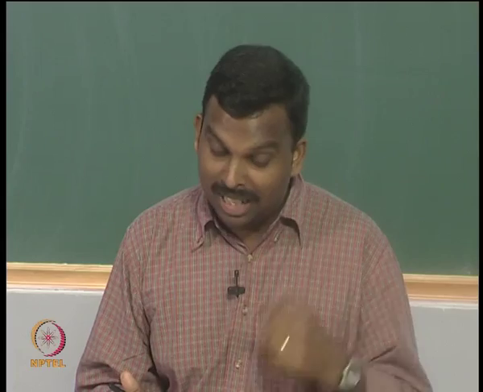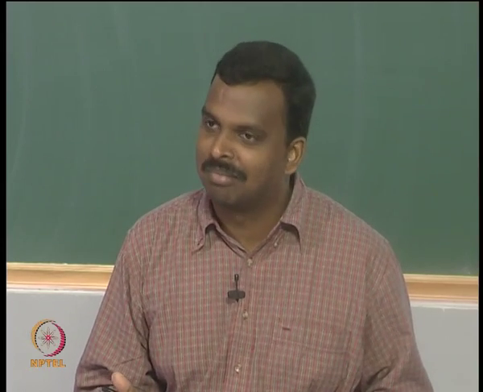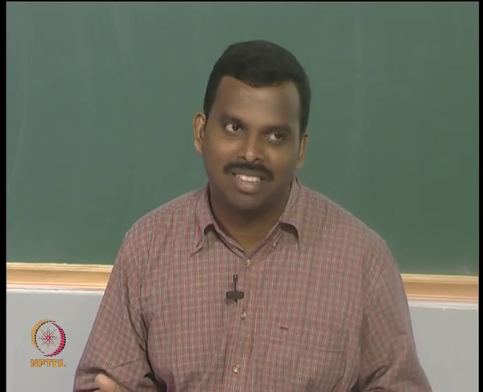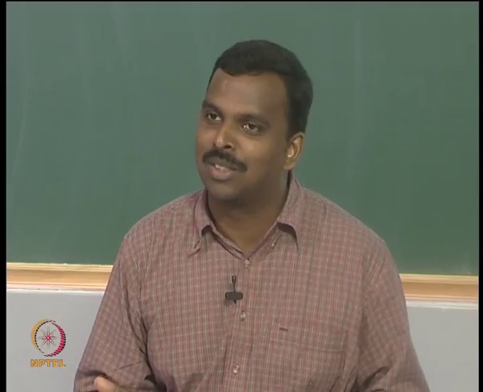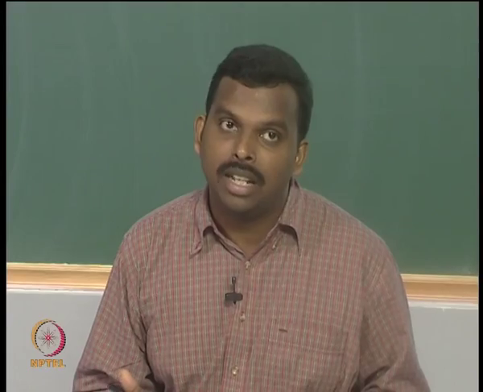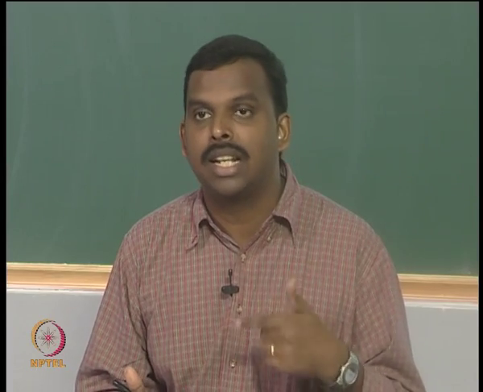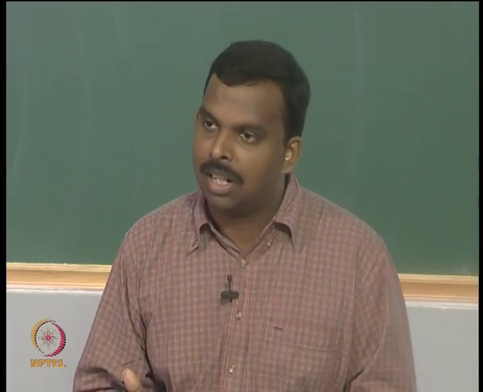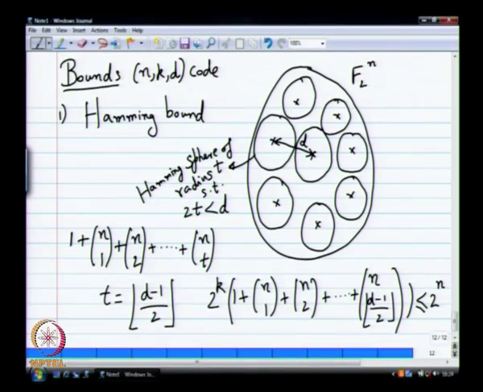First of all, can you give me an example of a perfect code? Well, Hamming codes are perfect codes, okay. So you can check that. For instance, if you put k equals 4, d equals 3 and n equals 7, you will see that it will meet this bound, okay, and the Hamming code meets this bound. All Hamming codes meet the Hamming bound. So you can imagine the name matches, right. So it has to be true, okay.